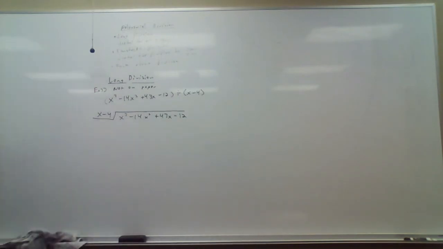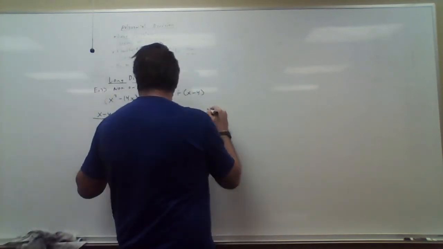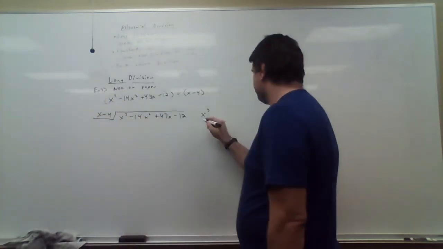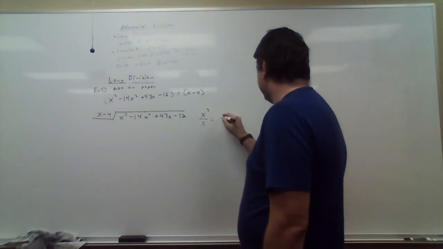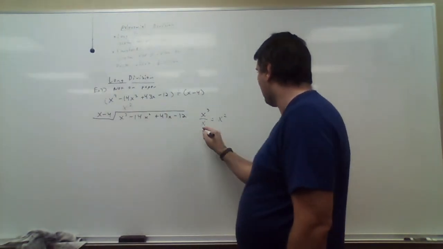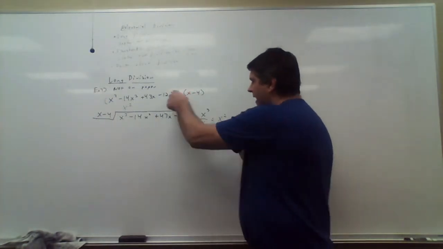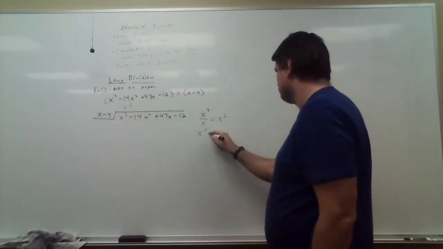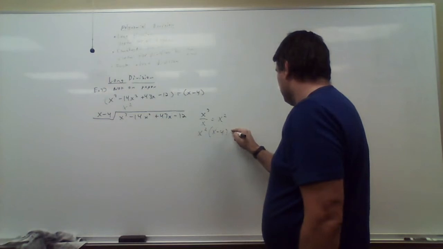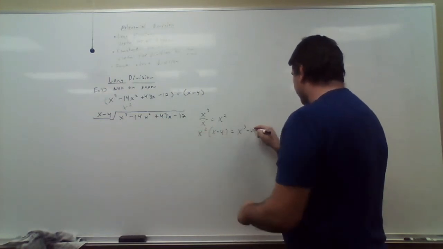Okay, divide the first term by the first term. And that gives me x squared. Put it up here. I will also be taking x squared times the x minus 4, leaving me x cubed minus 4x squared.